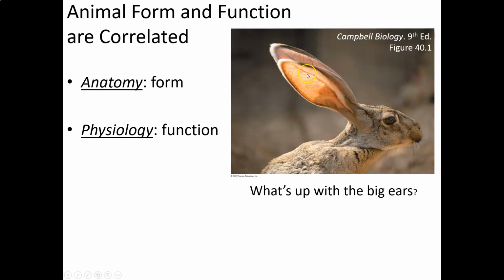This is a great picture because in the sun you can see the vascularization within their ears. By changing blood flow to the ears, they can dissipate heat or retain heat. So the big ears, their structure, helps determine their function, the cooling of the body and not overheating in terms of their body temperature.